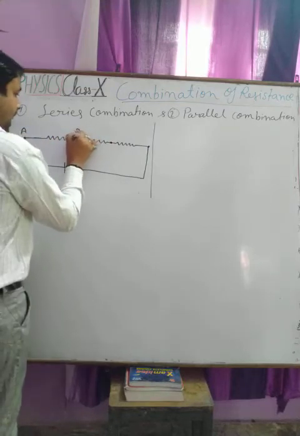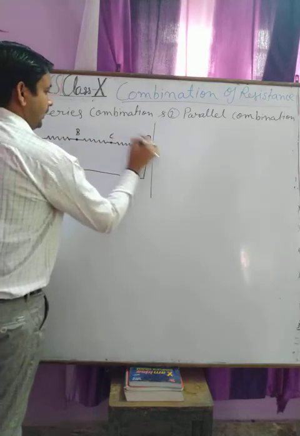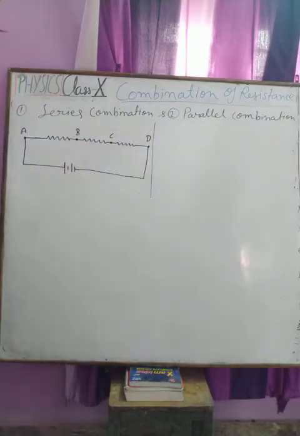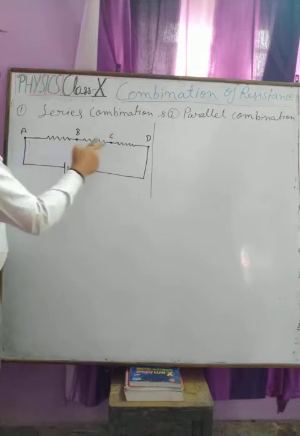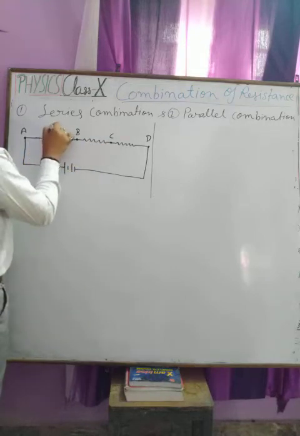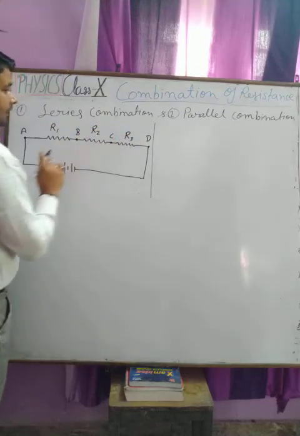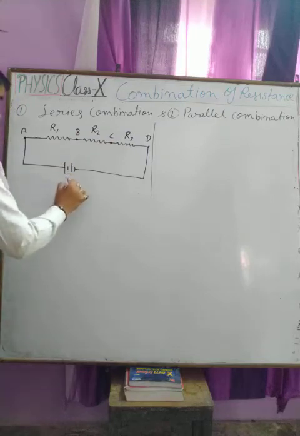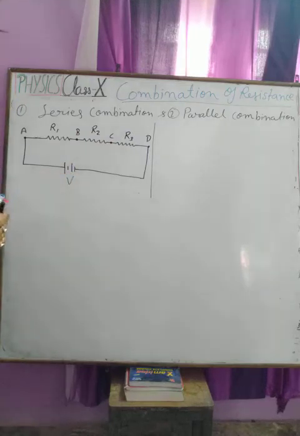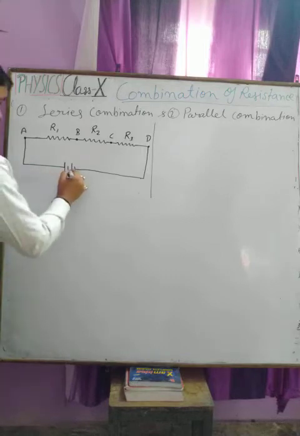A, B, C and D. Okay. Here three resistors of resistance R1, R2 and R3 are connected in series with a potential difference V.